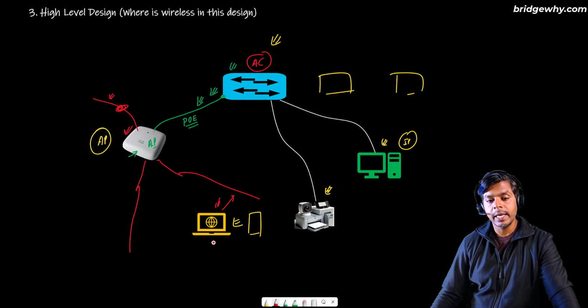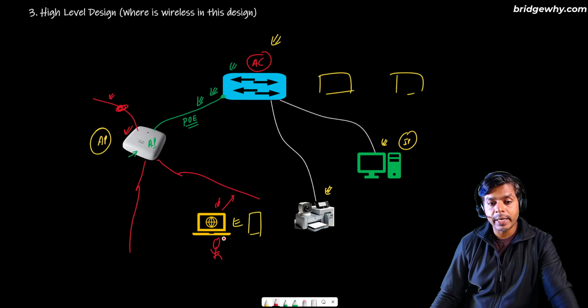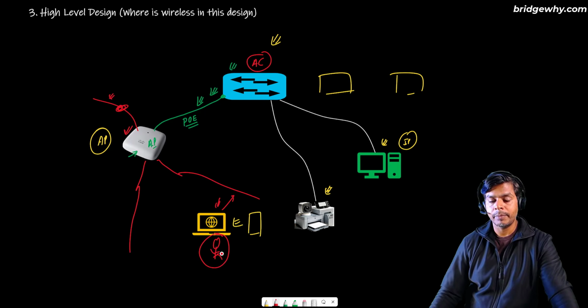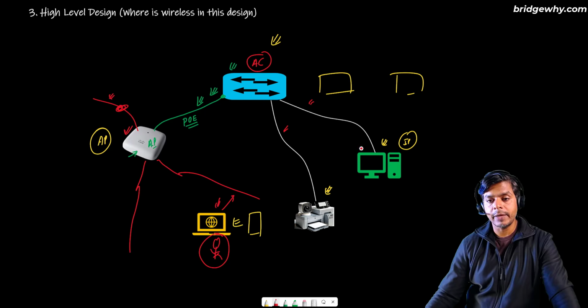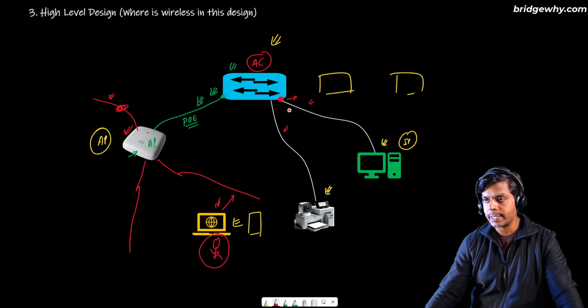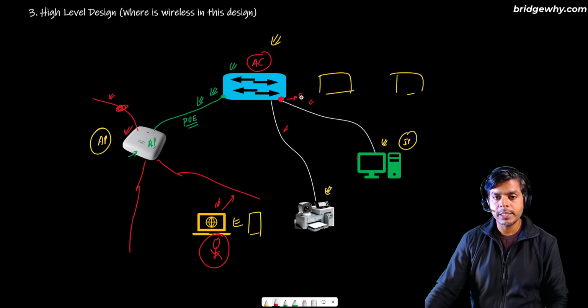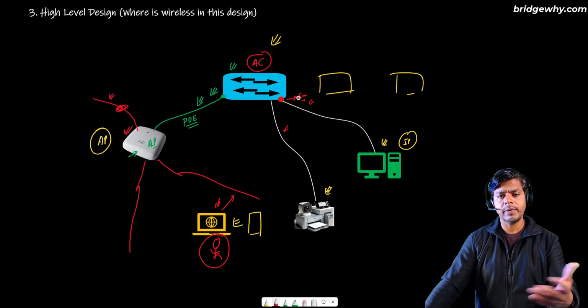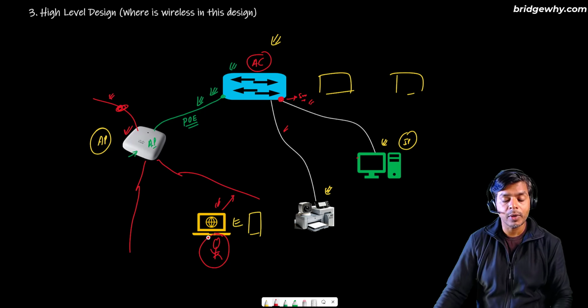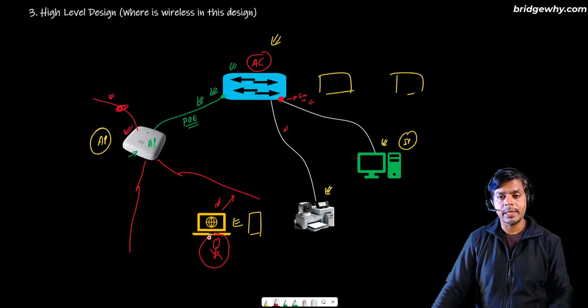Now the question arises that if this guy is a sales guy, how is it going to connect to the sales VLAN? Because here it is very, very simple that if this PC belongs to a sales guy, then I can mark this port as sales port, or maybe VLAN number 10, whatever. Sales VLAN. But how on earth on this wireless can I assign this?